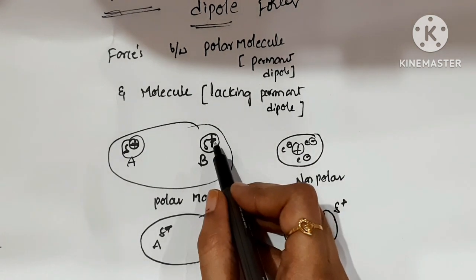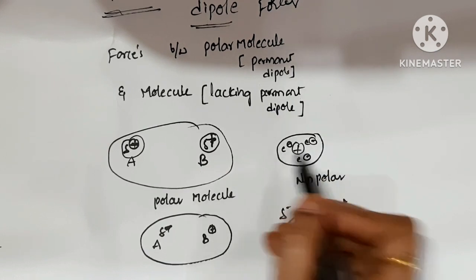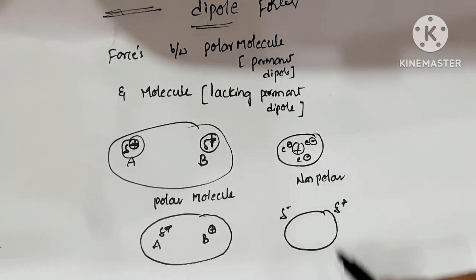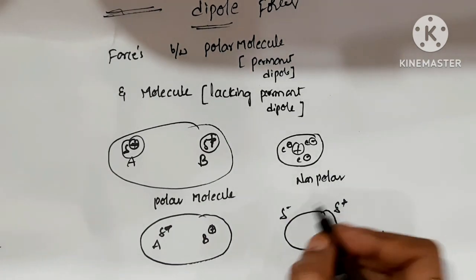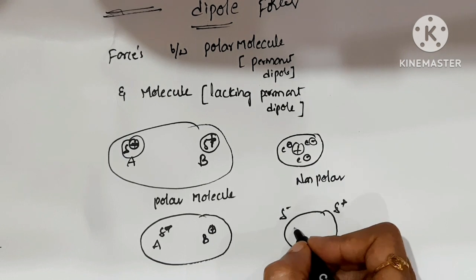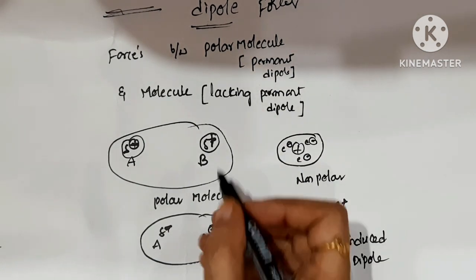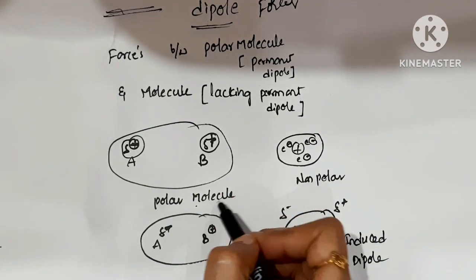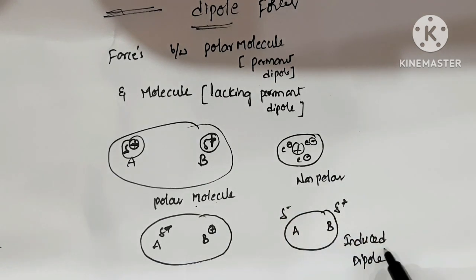So this positive pole pulls the electron cloud of this atom. So then this non-polar molecule becomes an induced dipole. So here the positive pole of the polar molecule induces the non-polar molecule. That's why induced dipole are formed here, right?